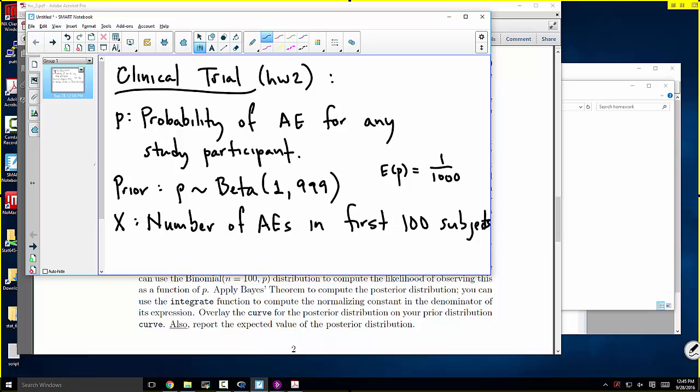Then we can say that X is binomial: number of, quote, successes out of N trials, 100, quote, trials. Each time, the probability of an adverse event is P, whatever P is.